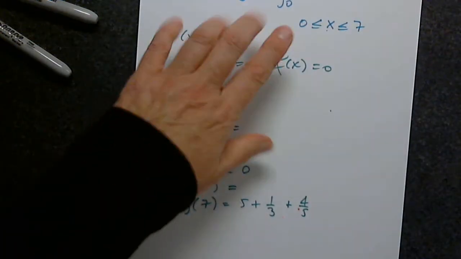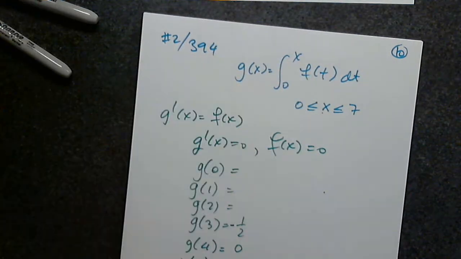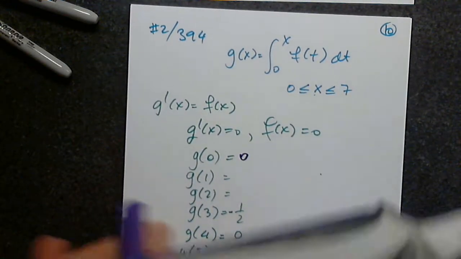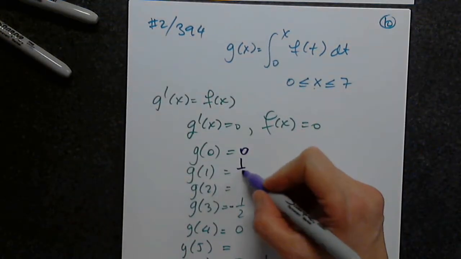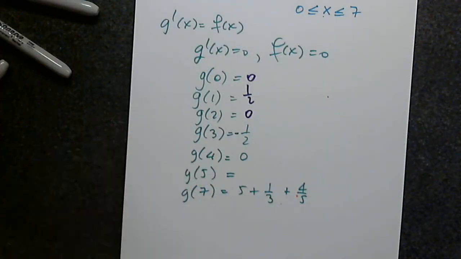At 0 it's 0, because from 0 to 0 must be 0. At 1, the area is 1/2. At 2 it's 0. The only ones we're missing are g of 5 and g of 7.